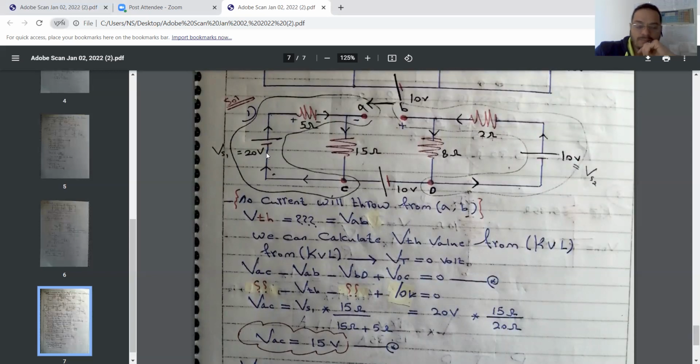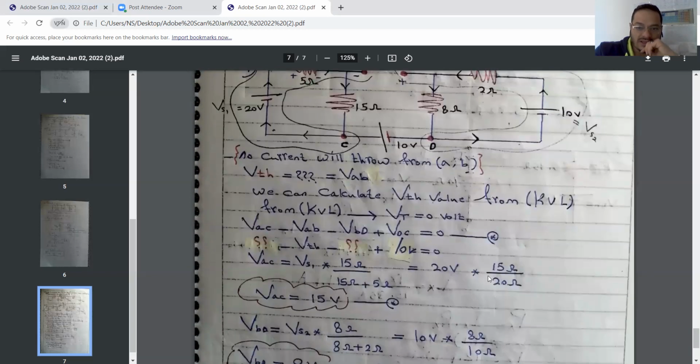VAC by benefit from voltage source number one: VAC equals VS1 dot 15 ohm divided by 15 ohm plus 5 ohm, to be 20 ohms, to be VAC equal 15 volts.